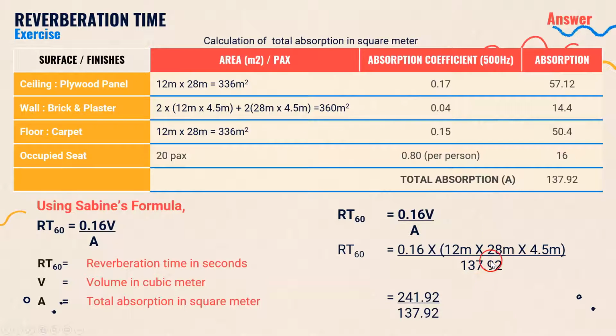And then this one here is based on the calculation here. You already get the area, and then you multiply with the absorption coefficient. So make sure you get the same number with me. So combine all of this, and then you get the RT equal to 1.75 second.